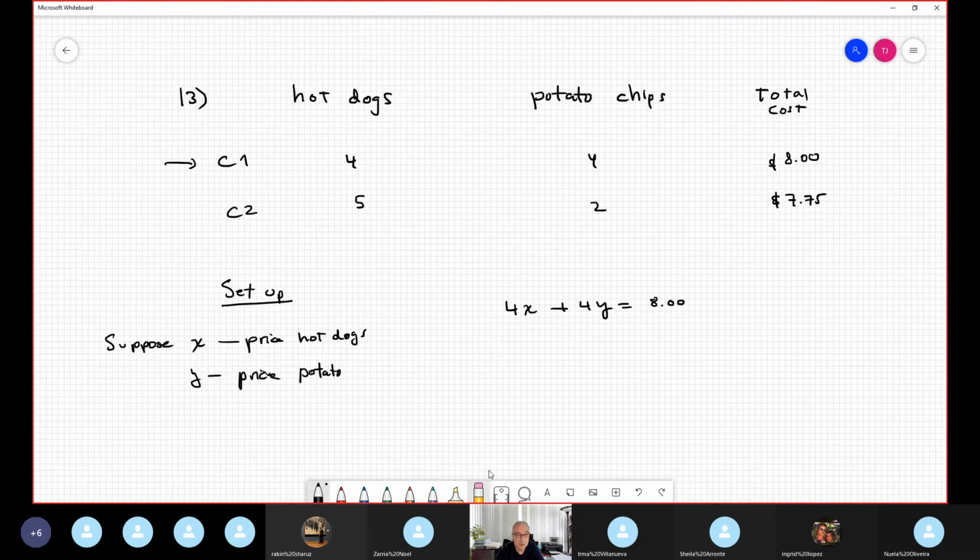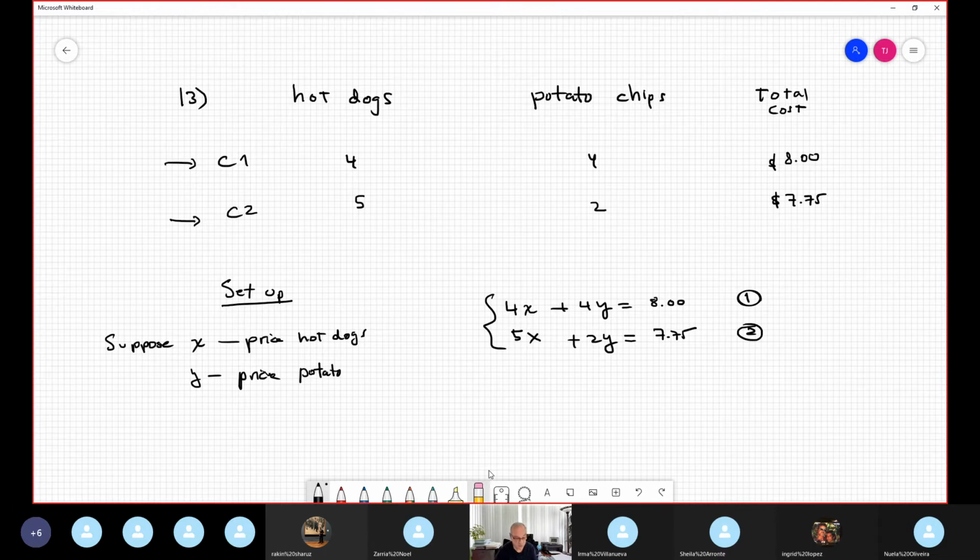And customer two is similar: 5 hot dogs multiplied by the price of 1 hot dog, the expression for the total price of the hot dogs for customer 2, plus 2y equals 7.75. And this is a set of equation 1 and equation 2.